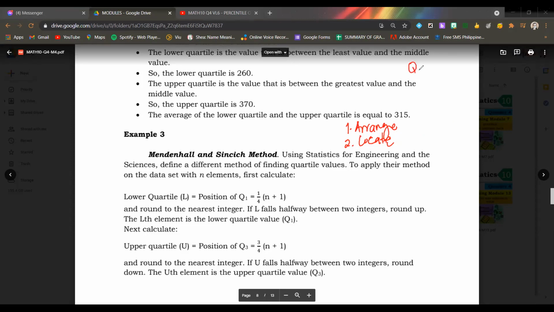Kapag first quartile, isa-isahin ko na lang. That's 1 times n plus 1. Huwag na natin isama si 1 kasi dagdag lang yan. N plus 1 divided by 4. Ganyan po pag first quartile. Tawag natin dyan ay first quartile.